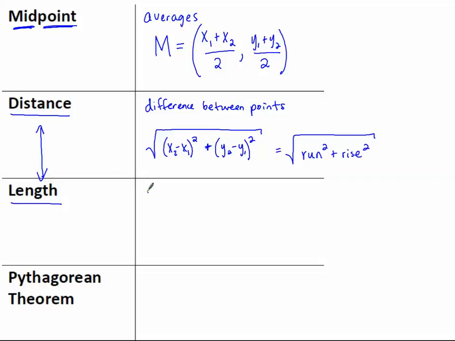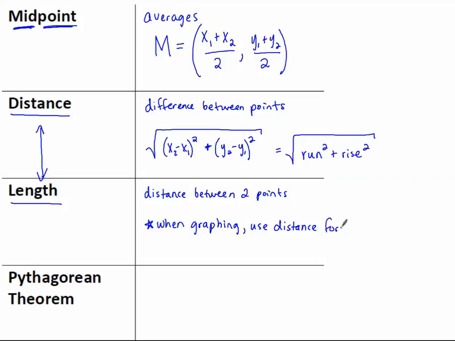Length is simply a measure of distance between 2 points. And if we needed to find length, we can measure it through a variety of devices or use the distance formula when it's on a graph. So perhaps we think when graphing, use the distance formula. Now the distance formula is really just an extension of the Pythagorean theorem.